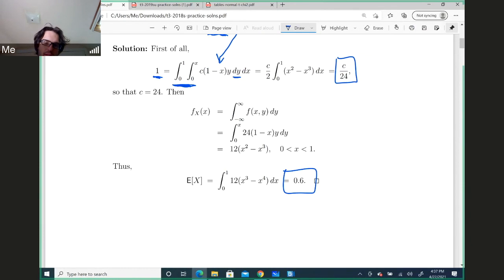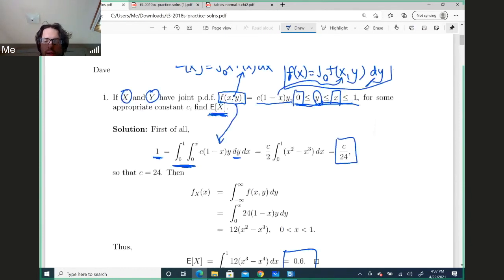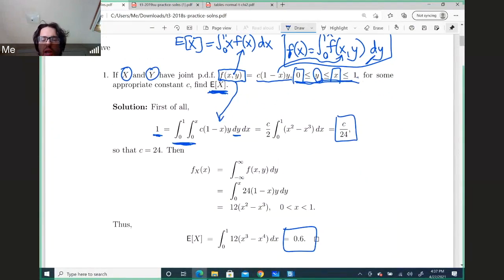So, while I'm here, I did also want to talk about variants of this question. This is one form of this question that you might get, but the question might also be asking, tell us what f of x is. And that's easier than finding E of X, but you still have to figure out what c is, and you still have to integrate this f of x, y to get this f of x.